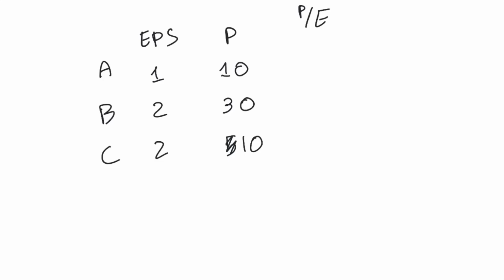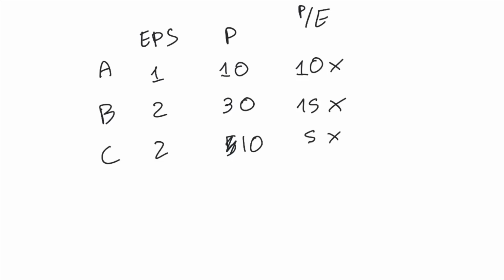How much is the price earning ratio? 10. Okay? Actually, we usually say 10x, which means 10 times. Means the price is 10 times the earning. How much is it for company B? 15x. How much is it for company C? 5x.